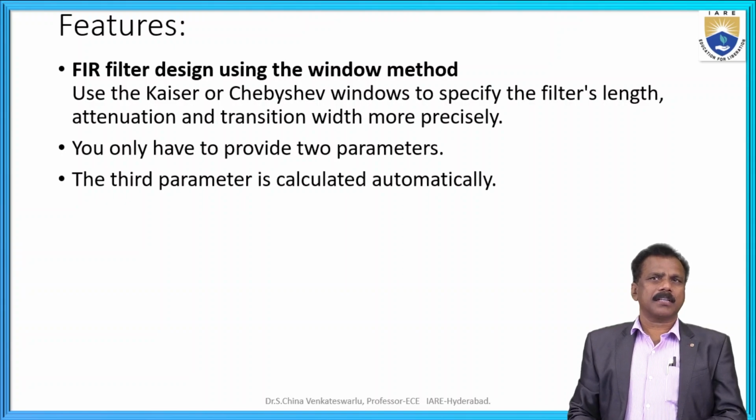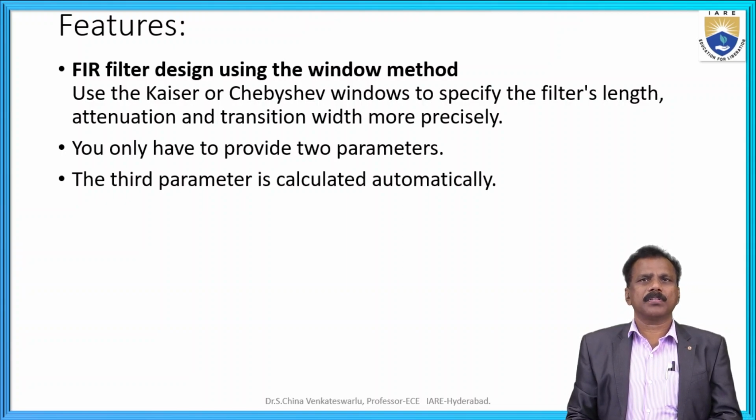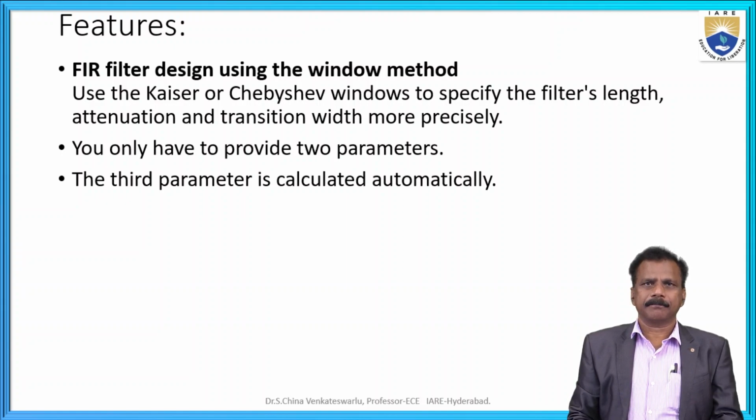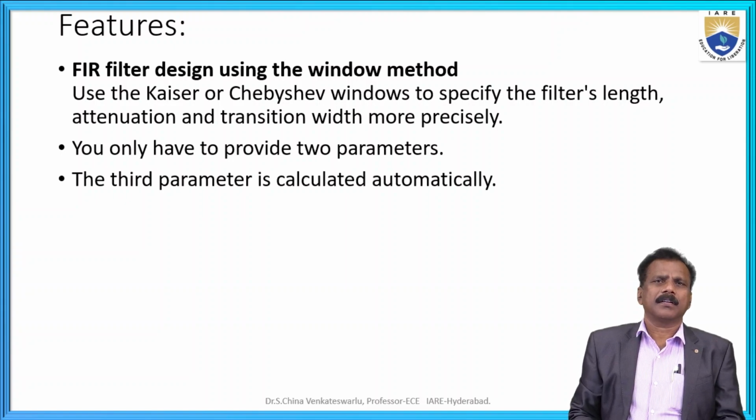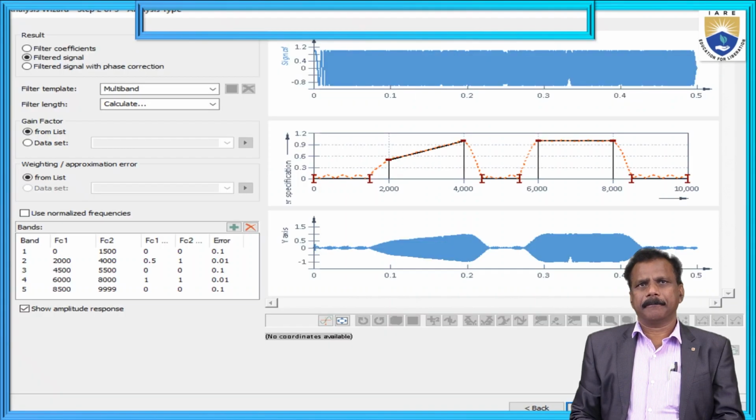FIR filter design using the windowing method: use the Kaiser or Chebyshev window to specify the filter's length, attenuation, and transition width more precisely. You only have to provide two parameters. The third parameter is calculated automatically. This is the feature for designing a FIR filter using the windowing method.